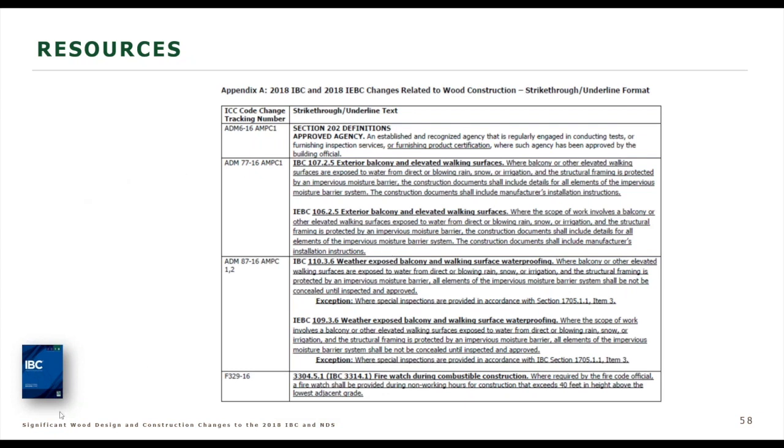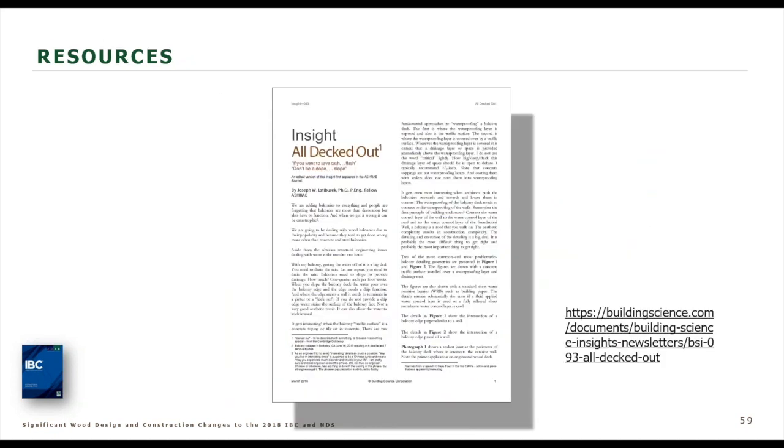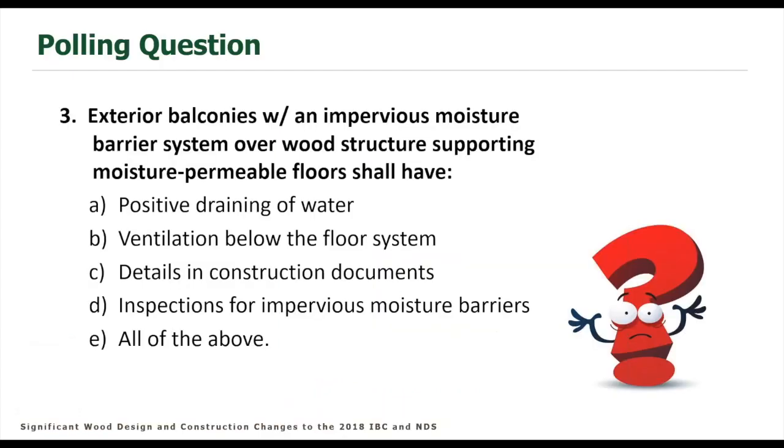So helpful to look at. And then there's an article referenced here when we're looking at more information related to those balcony areas. And engineers in the audience may want to provide this to the architects. It has a lot of information related to detailing requirements.